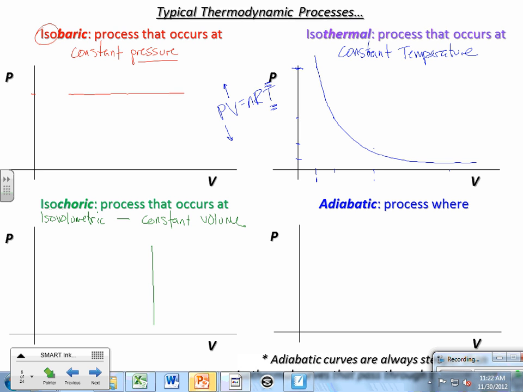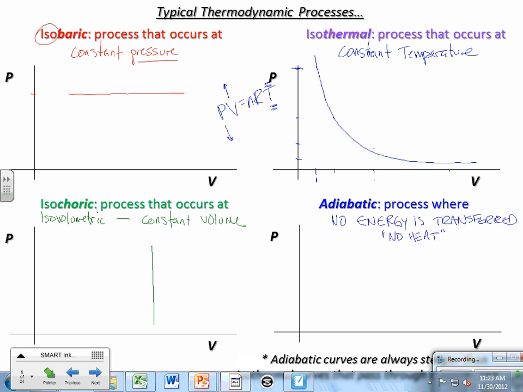Okay? And then there's an adiabatic process. This is a process where no energy is transferred, either into or out of the system. And we would say here, no heat.